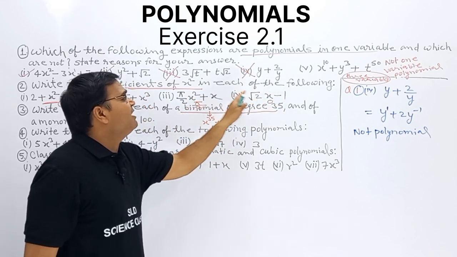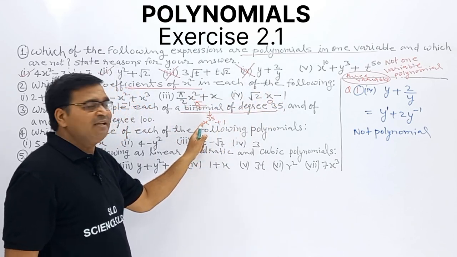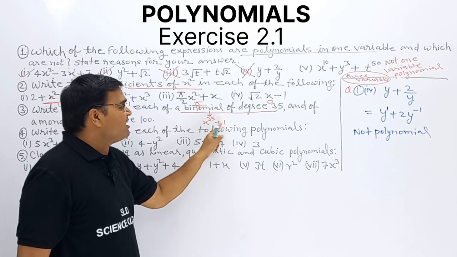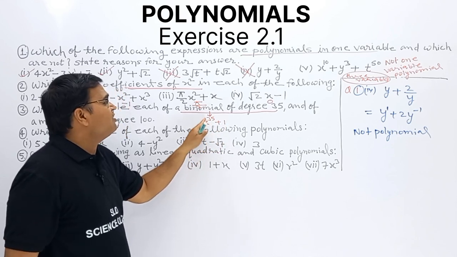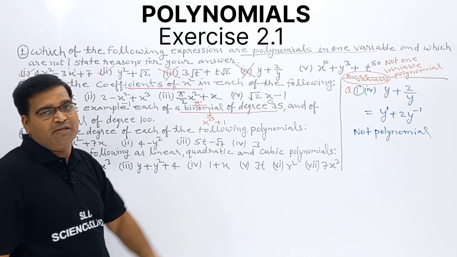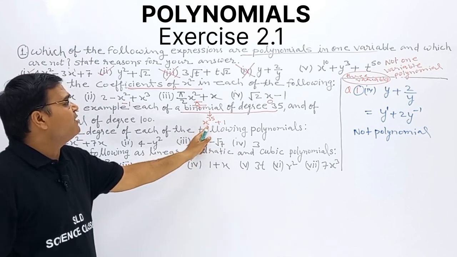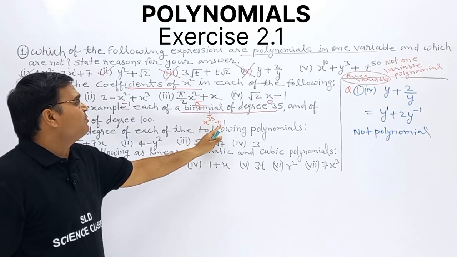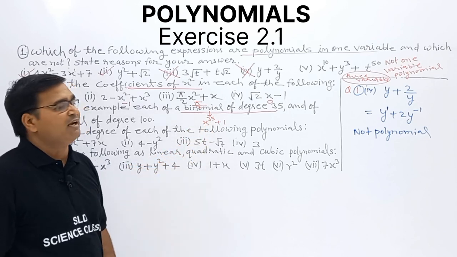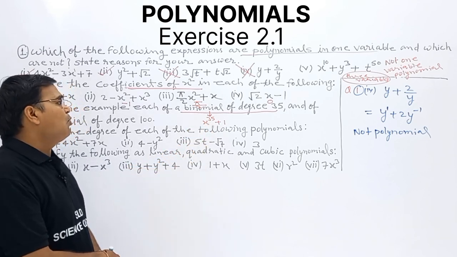Binomial means 2 terms, and this expression has 2 terms, and its degree is the maximum power of the variable, 35. So the degree of this expression is 35 and this one is the binomial. So this is the required example.